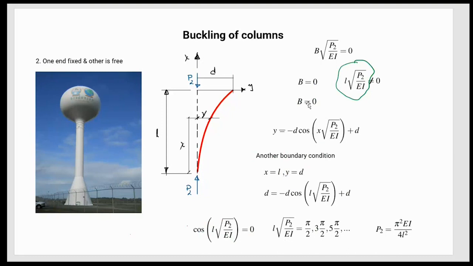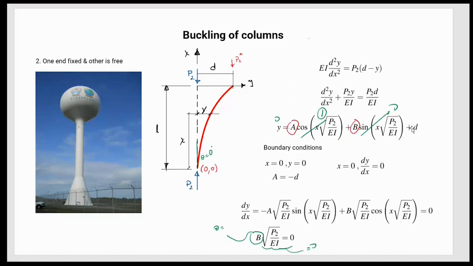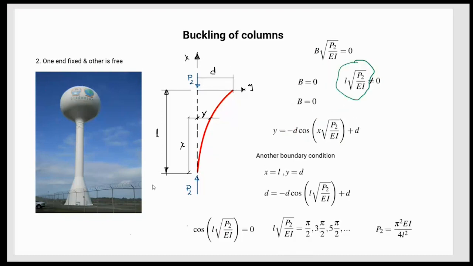And if this is equal to 0, and I introduce that back into the original deformation equation here, then I'm going to end up saying that the deformation is going to be equal to d times this other stuff. But this is not enough to say how much the deformation is, because I still don't know how much d is. I need to get rid of that d.